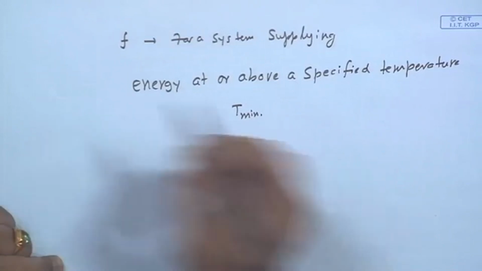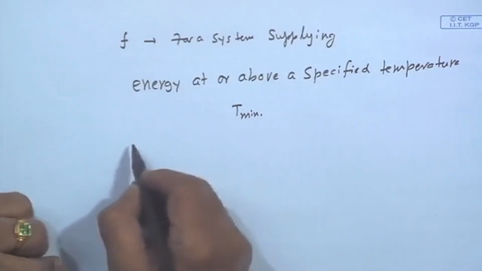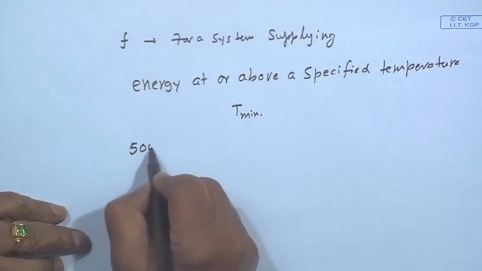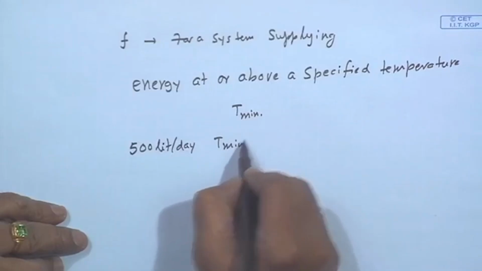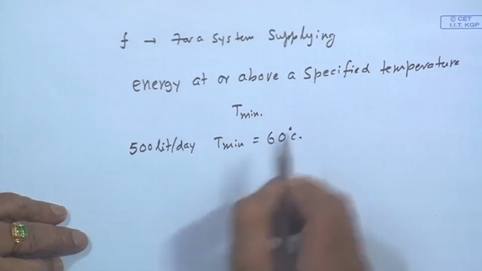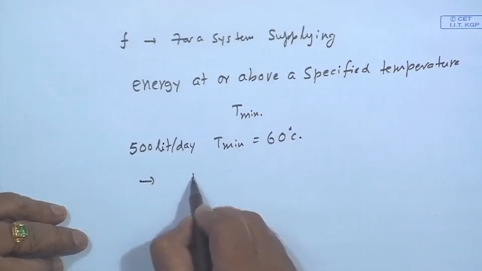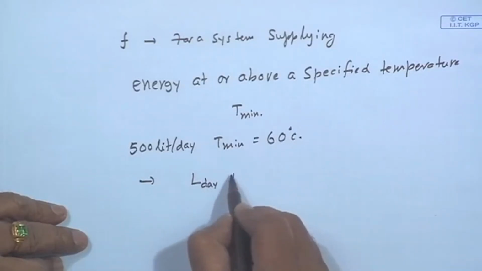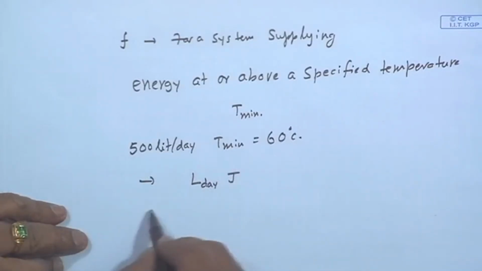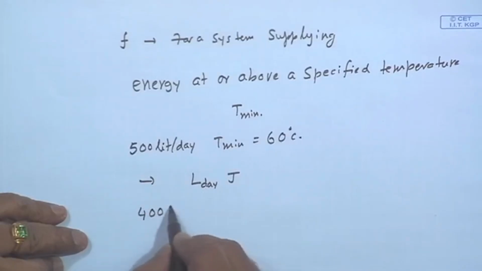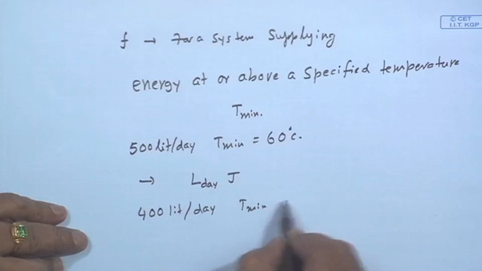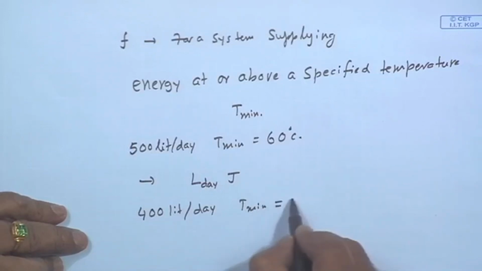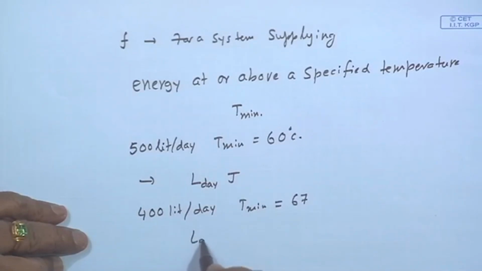So, now you might say that you want 500 liters per day at T minimum 60 degrees C. So, this may be so many joules of load, or this may be 400 liters per day at T minimum, or maybe 67 degrees C, same load in joules as above.